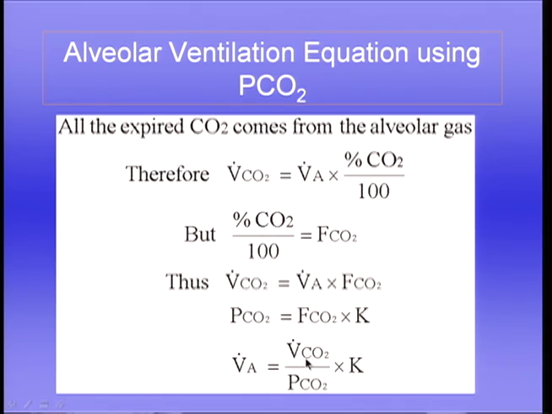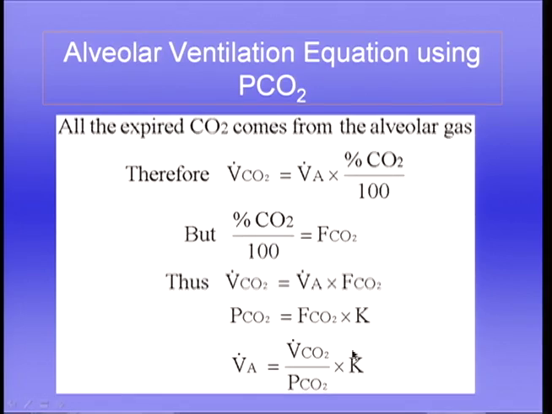It's desperately important. We're going to be using it extensively in the following lectures. And what it says is that the alveolar ventilation is equal to the CO2 production divided by the PCO2. Here we're showing it as the PCO2 in the alveolar gas. But it turns out that in normal subjects, the PCO2 of the arterial blood is the same as the alveolar gas.